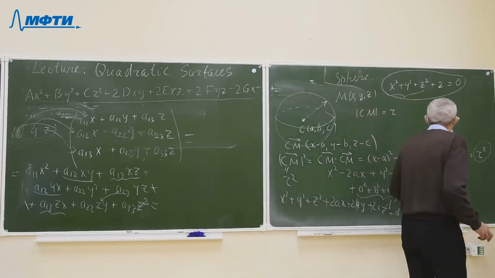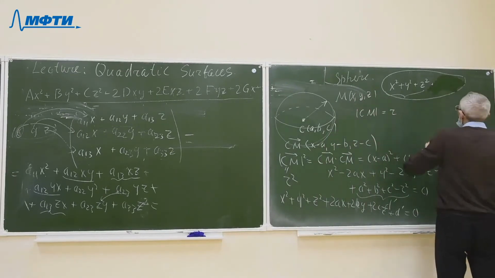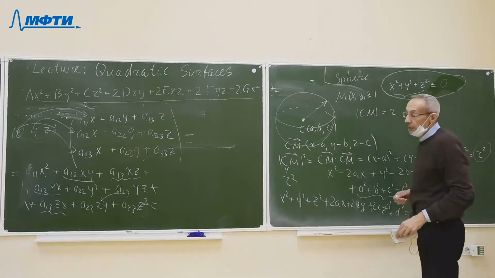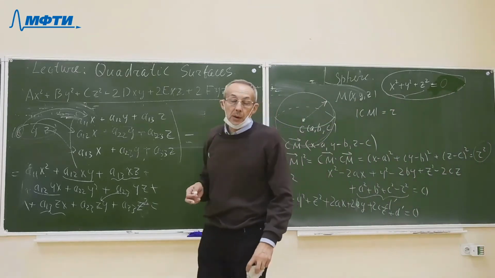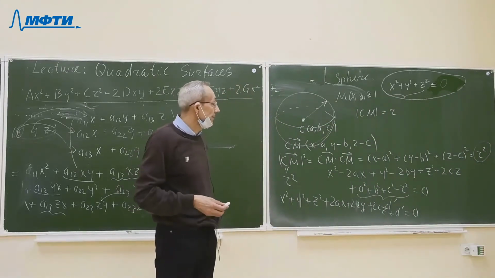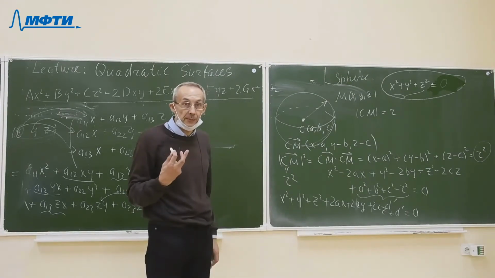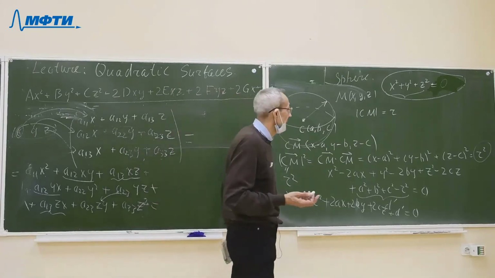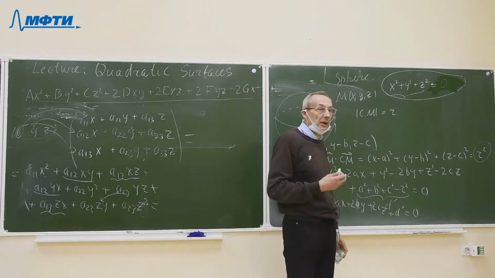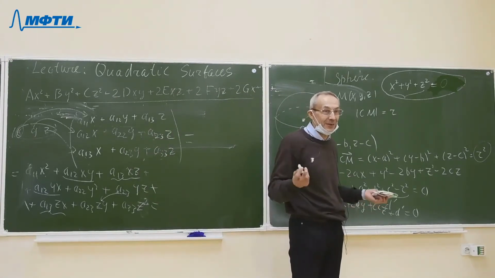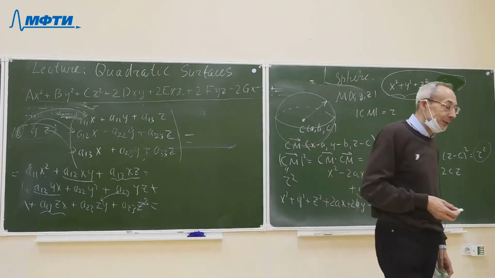And in the case when this term is equal to 0, we obtain one point: the sphere degenerates into a one-point set, coinciding with the center of the sphere. Only one point.